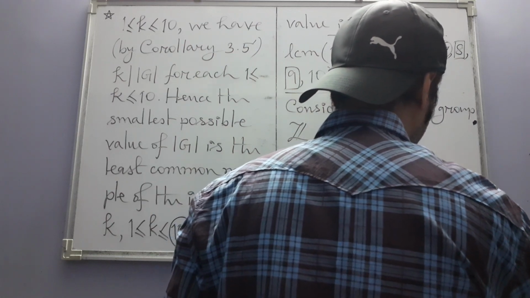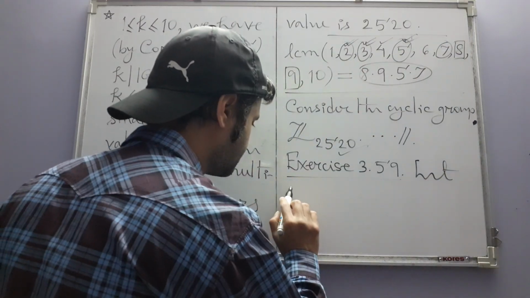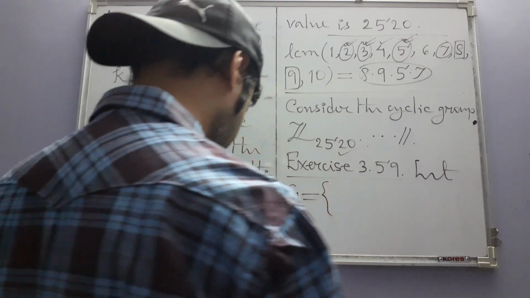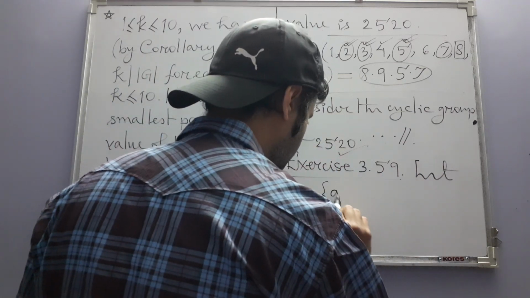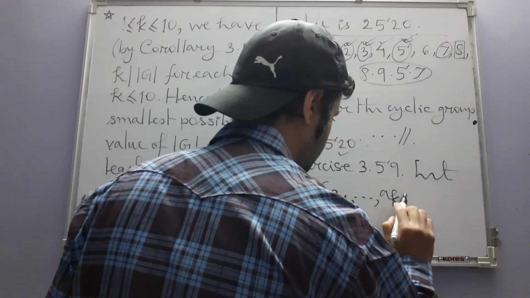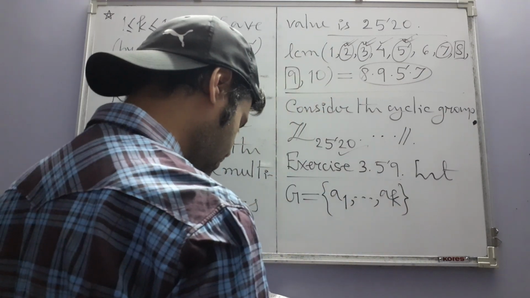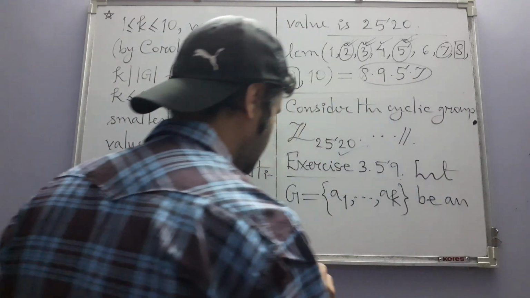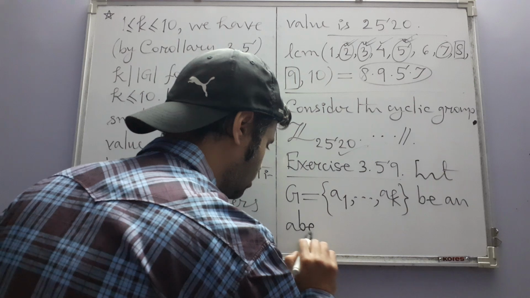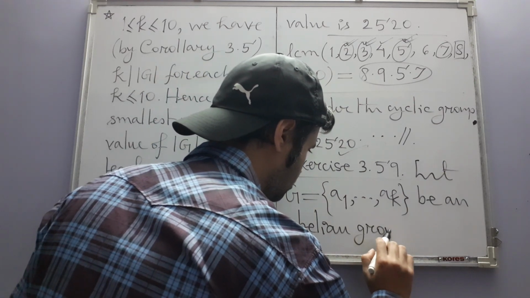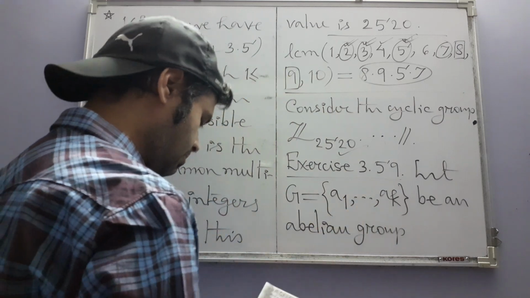Let G be an abelian group. And it's finite, we can just see that.